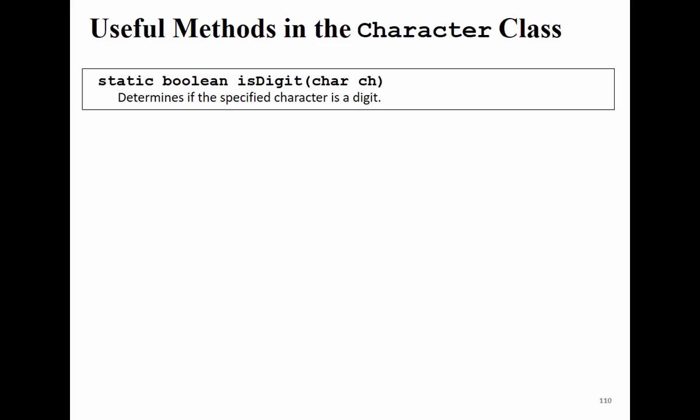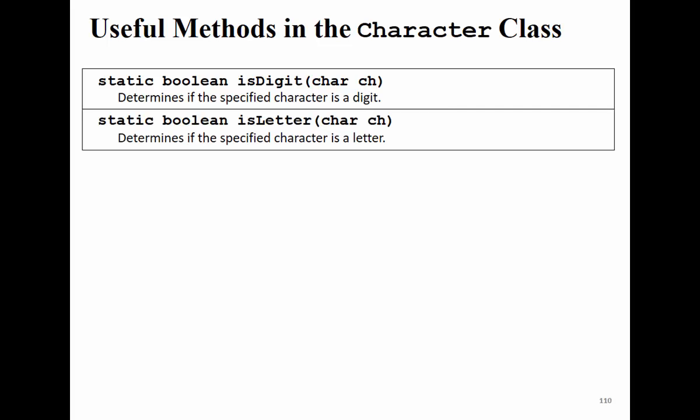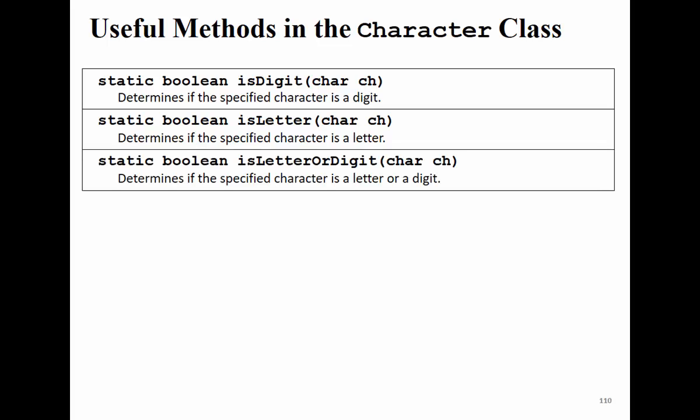There are a lot of methods that can help us handle these characters. One of them is asking if this character is a digit. What do we mean by digit? We mean that this character is really a number digit between 0 and 9. We can ask if this character is a letter, meaning A capital or small, B, C up to Z. We can ask if a character is a letter or a digit.